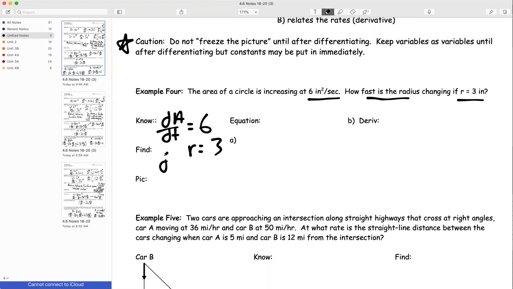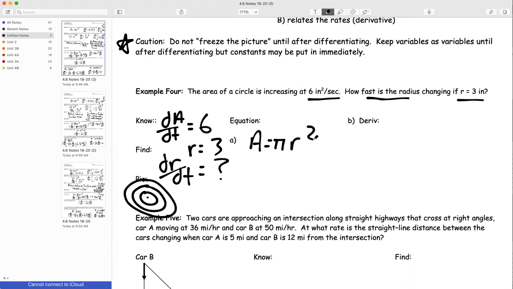So I want to find dr/dt. A picture is probably not that helpful in this instance, but okay, I got a circle. Circle is expanding. All right, something like that. My equation is just going to be the area of the circle. So area is equal to pi r squared.